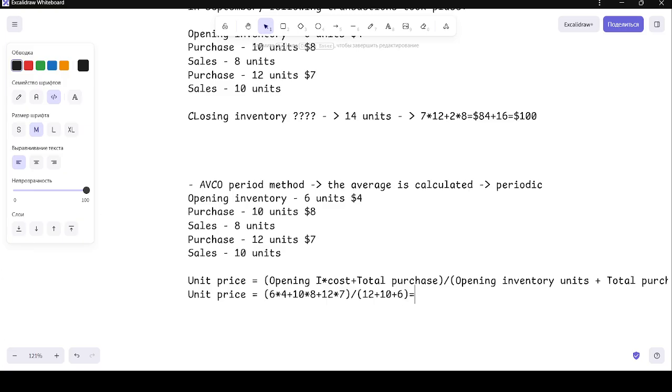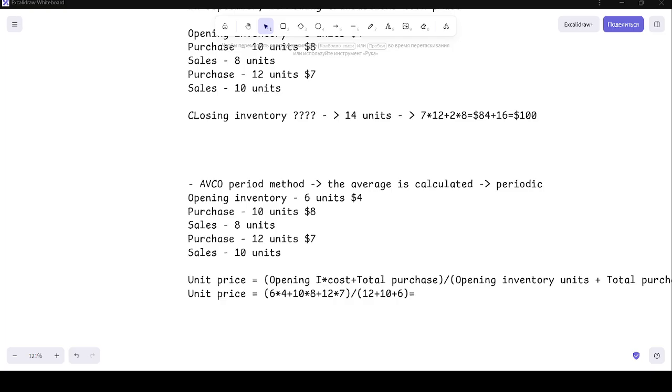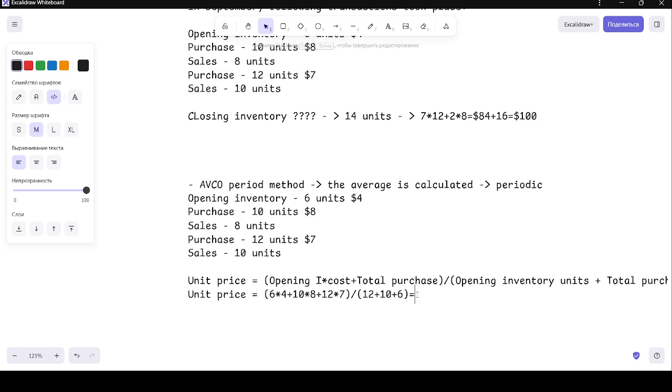That gives us the cost of 6.71. That's it. And now we will do it.